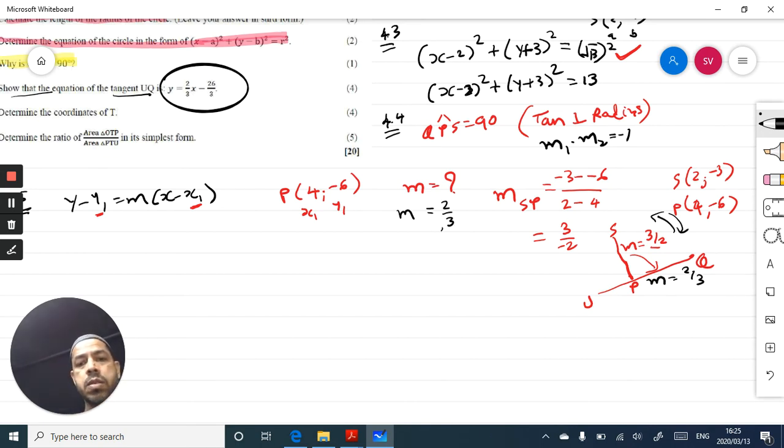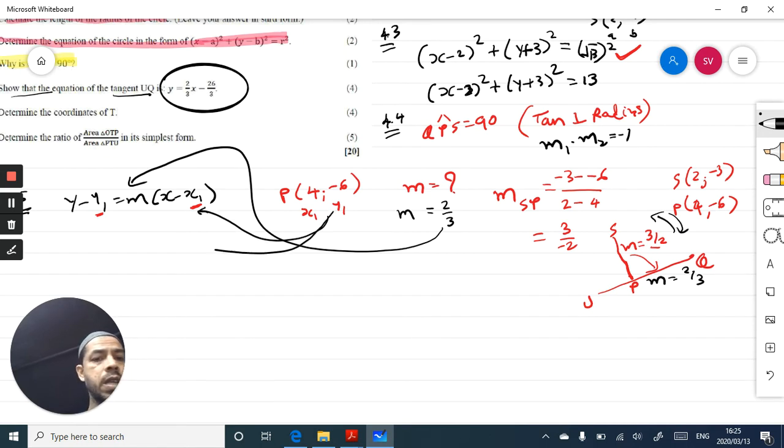So now it's time to substitute m here, and the point is here and here. So let's start substituting. So y minus, what is my y1? y1 is minus 6, equals m, which I found is 2/3. What is my x? I'm going to keep it because it is needed in my equation. Minus x1. x1 is 4.